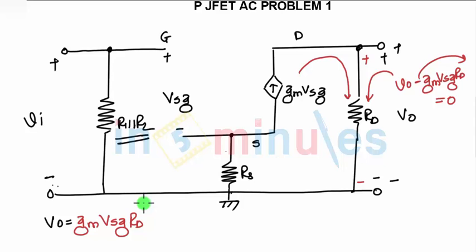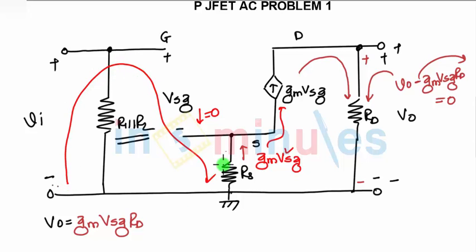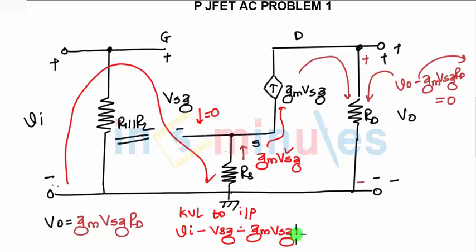Again, when I am applying KVL, the current flowing through RS is GM into VSG. Since this current is 0, whatever is GM VSG is flowing into the drain. So what I can say is, when I am applying KVL from this point to this point, that is KVL to input, I can say VI minus VSG, then the other term will be GM into VSG into RS.